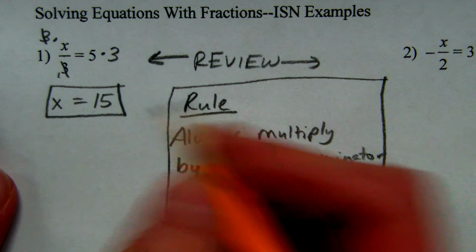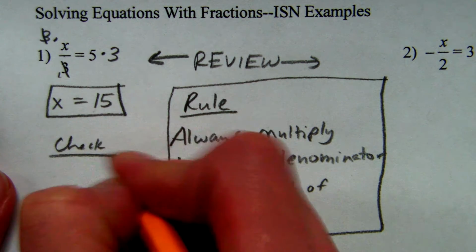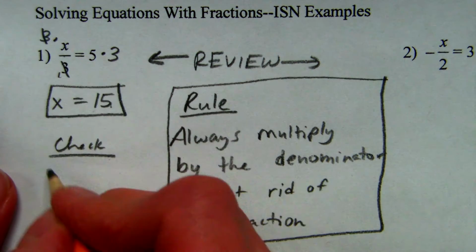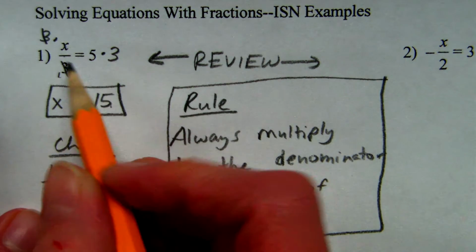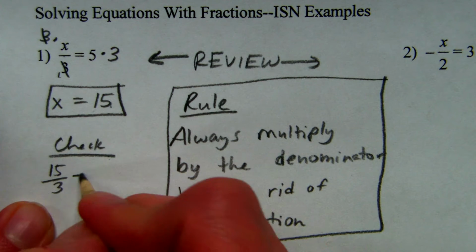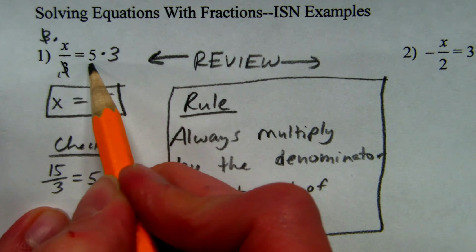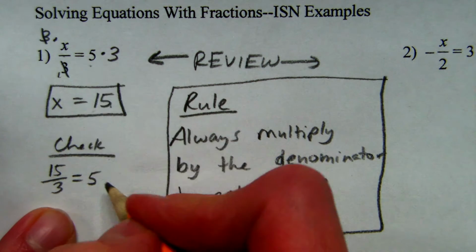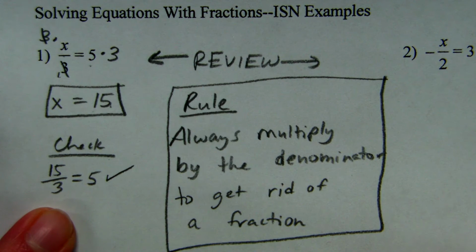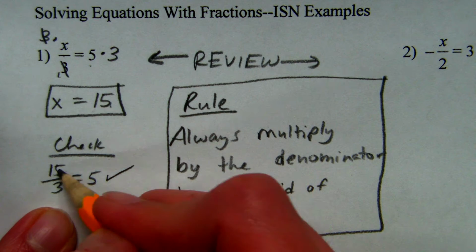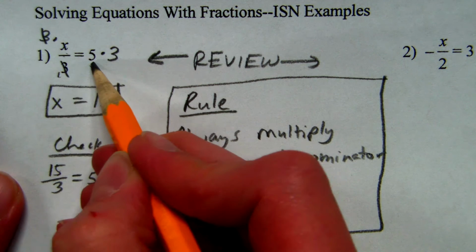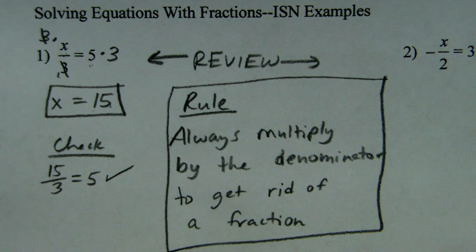Okay? And you can check by putting 15 in where the x was. So if I do 15 divided by 3, I get 5. Is that what I had on the original equation? Yes. So you can check by putting the number back into the equation and making sure that it works.